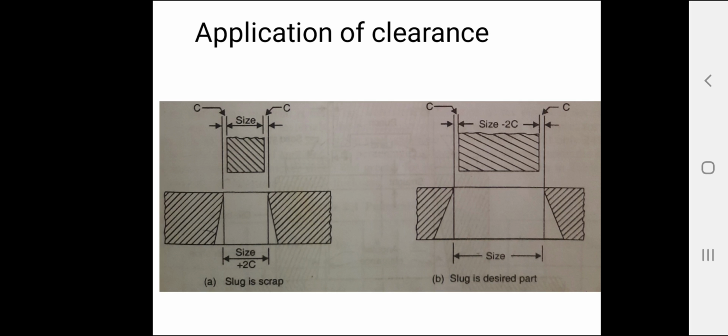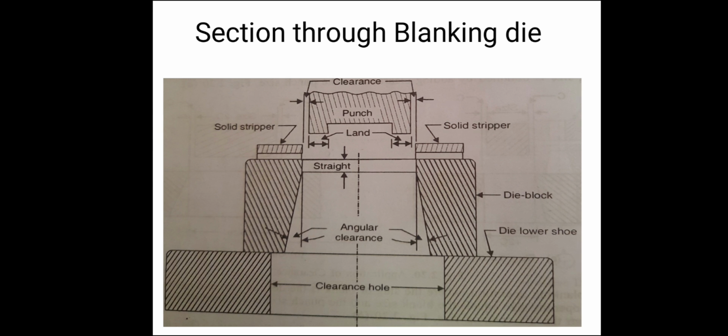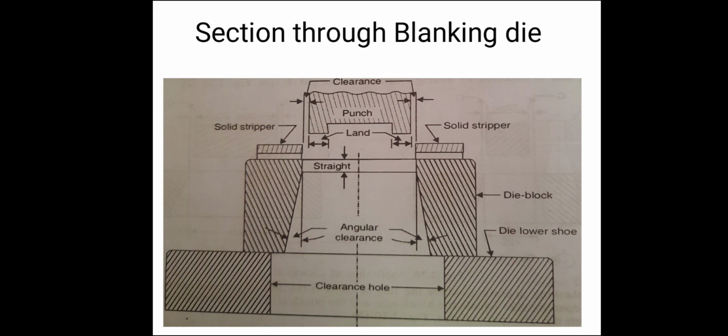In the next figure, the section through a blanking die is shown. Here you can see the clearance hole, angular clearance, then die lower shoe, die block, straight, that is lands, punch, and solid stripper.